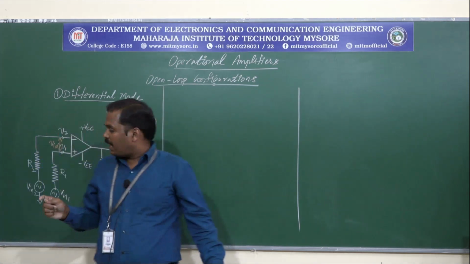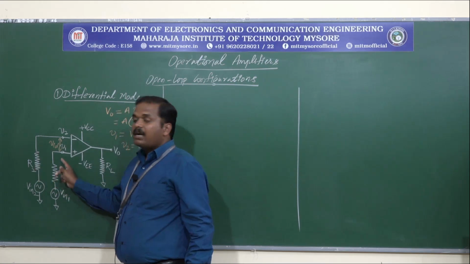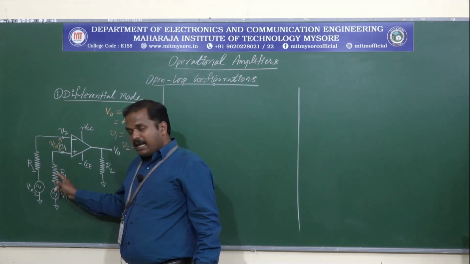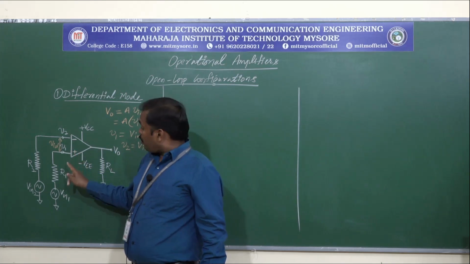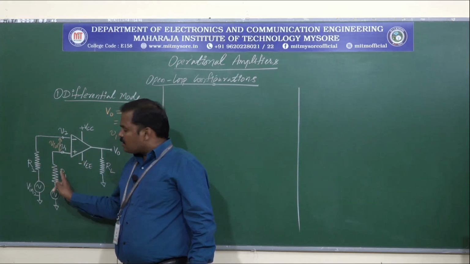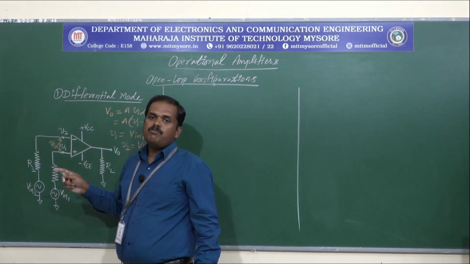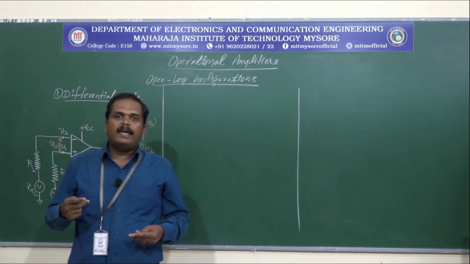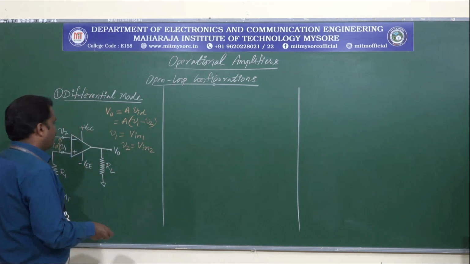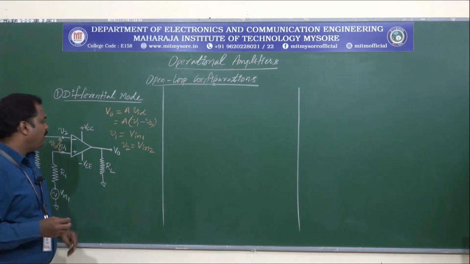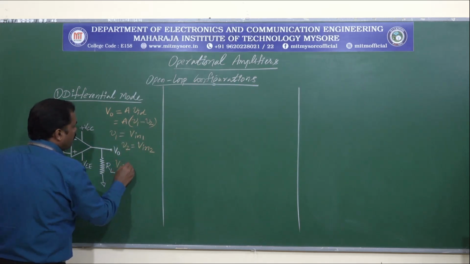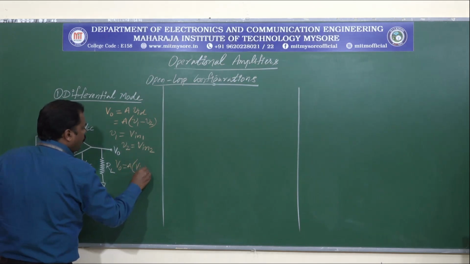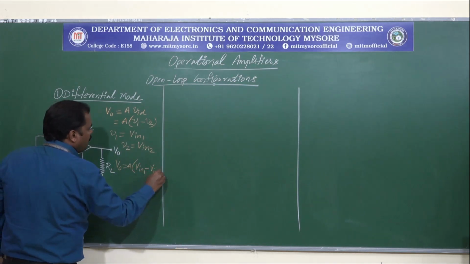Though we have the resistances R1 and R2 connected here, these will be negligible compared to the input resistance of the op amp. So the voltage drop across these resistances will also be negligible, and will have negligible impact on the output. So substituting these values here, V0 can be written as A into Vin1 minus Vin2.